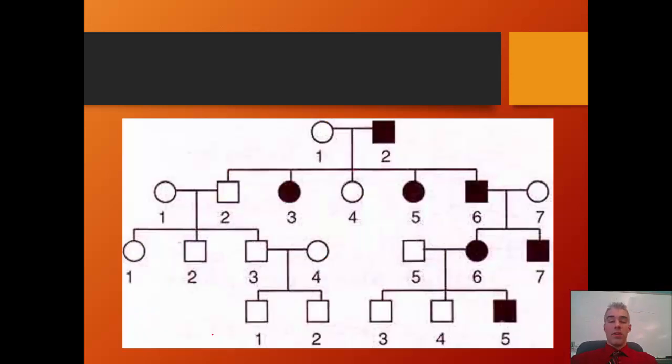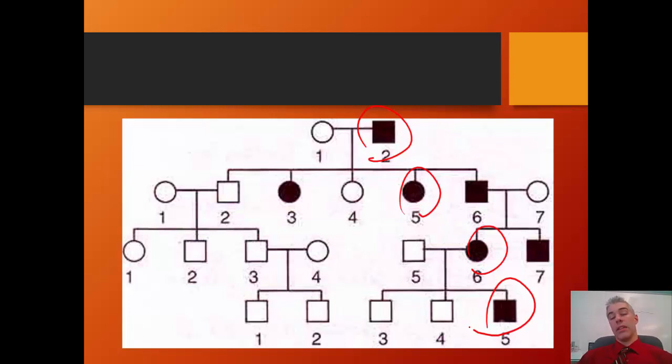All right, so now what I notice here is that we never have two people who don't have the disease having children that do. So automatically I think it's probably dominant. Another thing that I notice is that the trait appears in every generation if the parent has the disease. Another telltale sign that it's a dominant inheritance pattern.